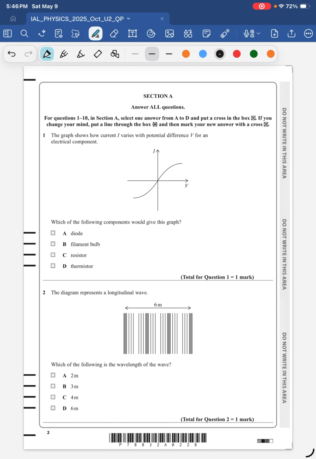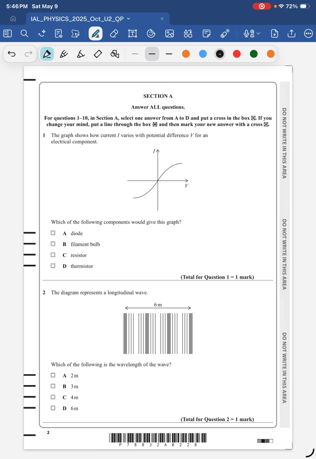First question, the graph shows how current I varies with potential difference V for an electrical component. Which of the following components will give this graph? It cannot be a diode because we'll have a sharp rise in the current at some voltage. A filament lamp is the perfect candidate. You see how as the voltage increases, the current increases, but not forever.